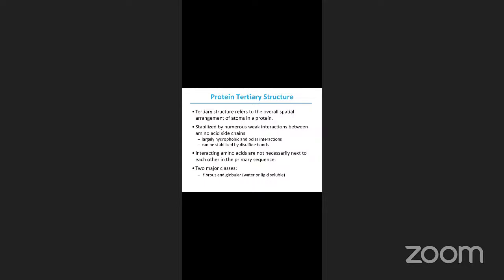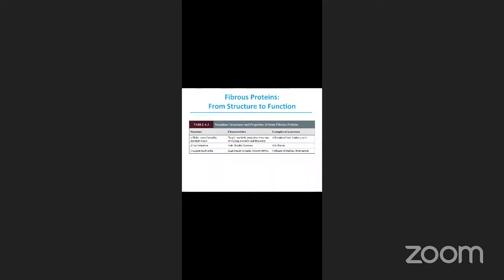So when I discussed the enzymes, I told you that they are globular proteins, right? So fibrous proteins examples are alpha keratin, silk fibroin, and collagen. Alpha keratin, which is present in the hair, nails, feathers, are all fibrous proteins.